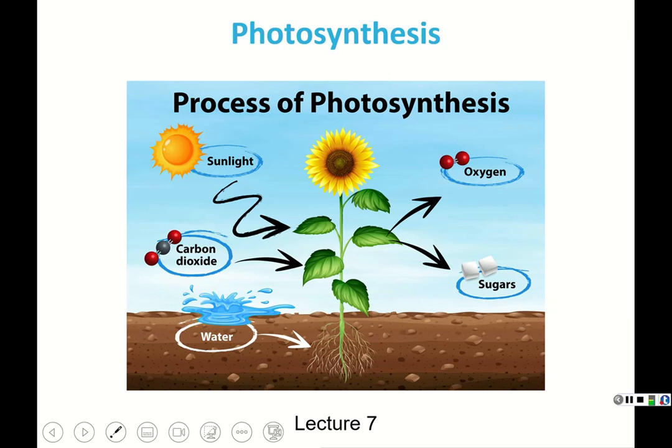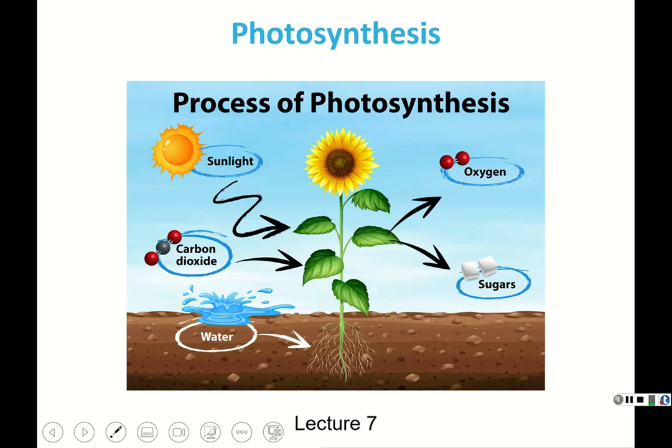Right? Photosynthesis is the process where plants, primarily plants we're going to be discussing, and some other bacteria, right? They use sunlight as an energy source to take water and carbon dioxide and turn them into oxygen and sugar.